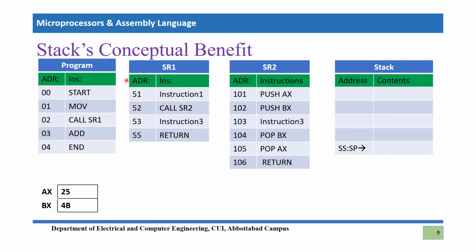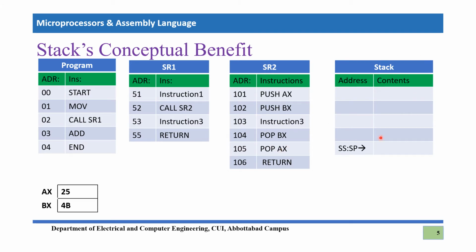The second portion of the diagram is subroutine 1. Since we are using 2 subroutines, this one is known as SR1 and this one as SR2. And in SR2 we see multiple statements including push and pop. So we are going to learn some of their functions as well within this program.